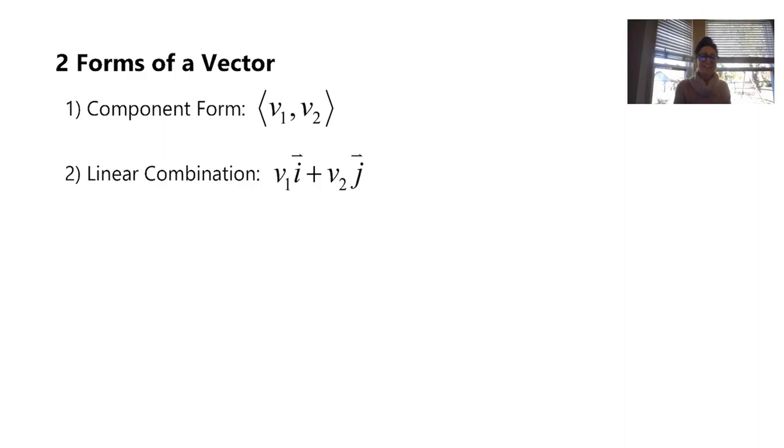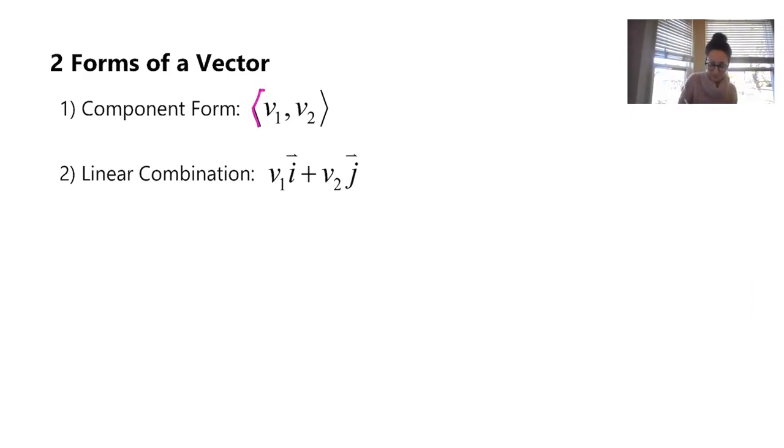Okay, we are back. So the first form is what we've been looking at. It's component form, when you have these angled brackets, right? Another form, which you may see more in electrical engineering, is linear combination form. So instead of ⟨v1, v2⟩ in angled brackets, you'd have v1 times the vector i plus v2 times the vector j.